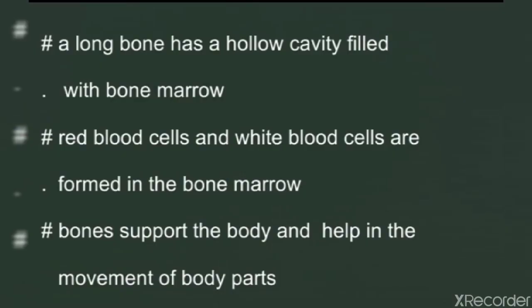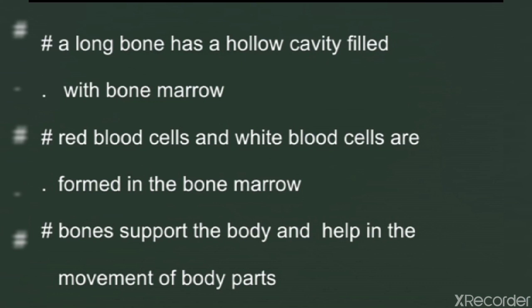In our body, long bones are present in legs also, arms also. So in long bones, there is a cavity, and that cavity is filled with bone marrow. Clear, children?